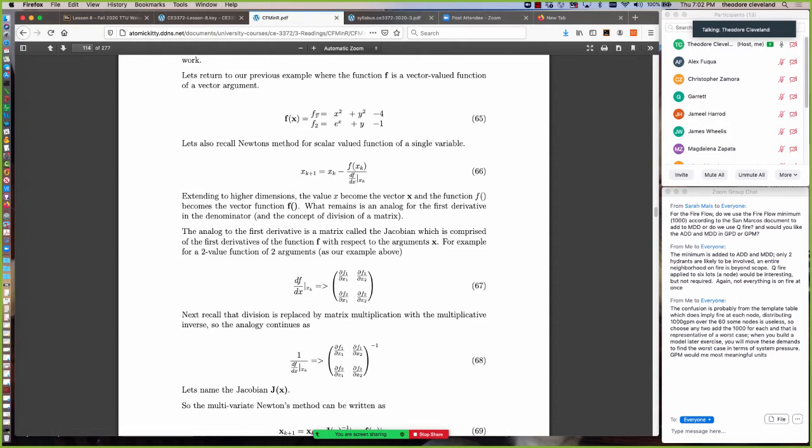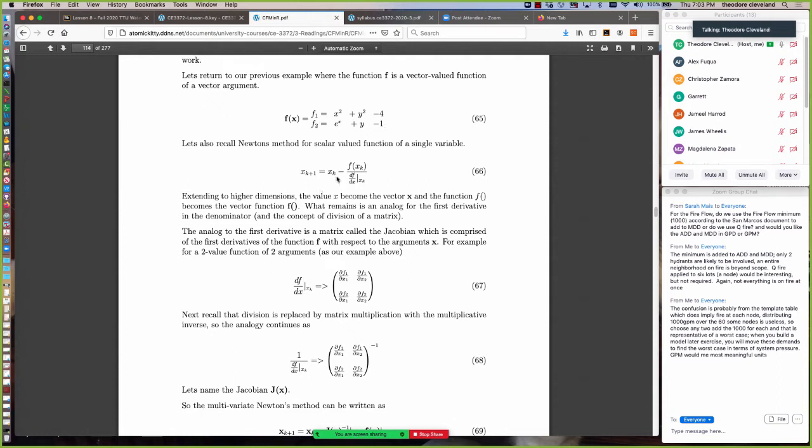Now we want to do it in multiple dimensions. So here's an example of a function that's constructed of two equations, equation 1 and 2, and equation 1 is x squared plus y squared minus 4, equation 2 is e to the x plus y minus 1. And so we're looking for values of x and y that will make that function evaluate as the vector 0, 0.